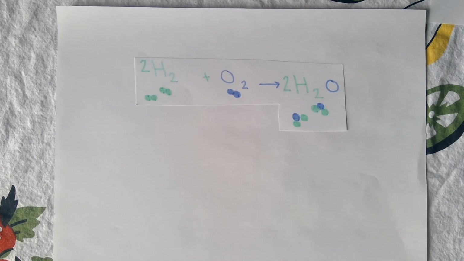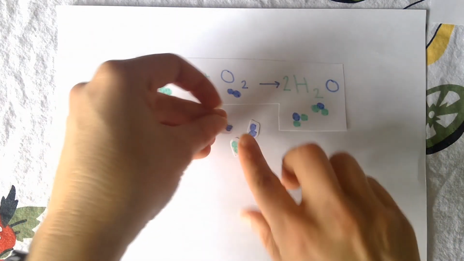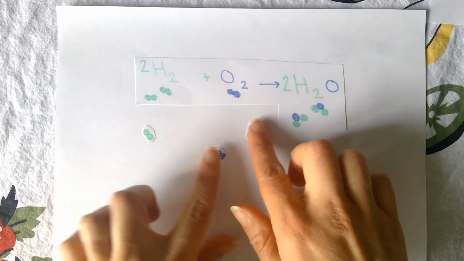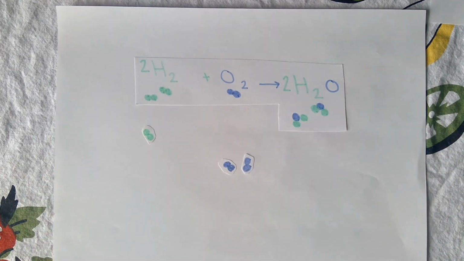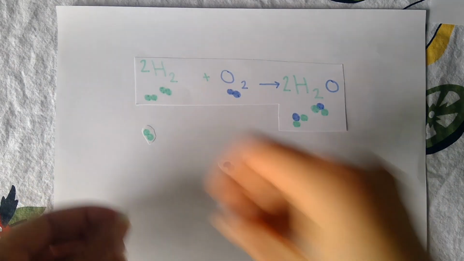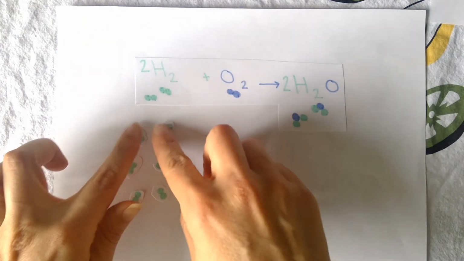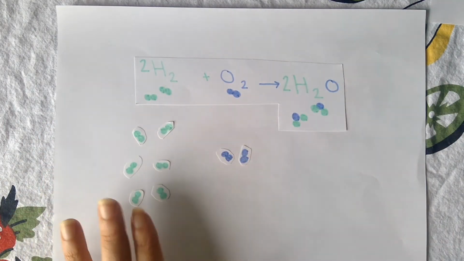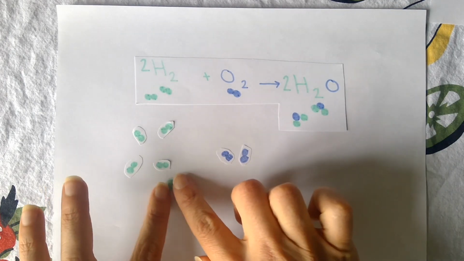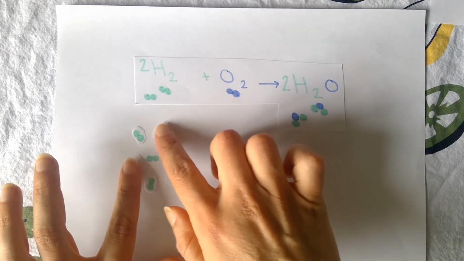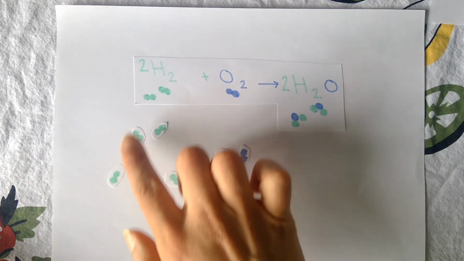So I want to make some water. And this is what I have. Let me get all my pieces. When I look at this, I realize I have 1, 2, 3, 4, 5, 6. So this is what I have. My question is, how much water can I actually make based off of this?